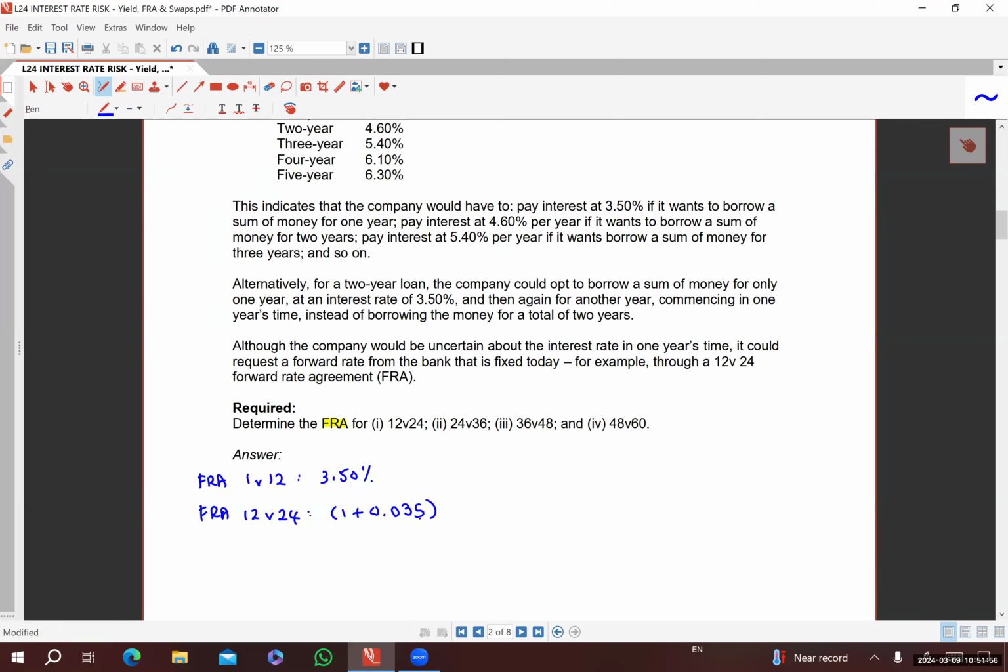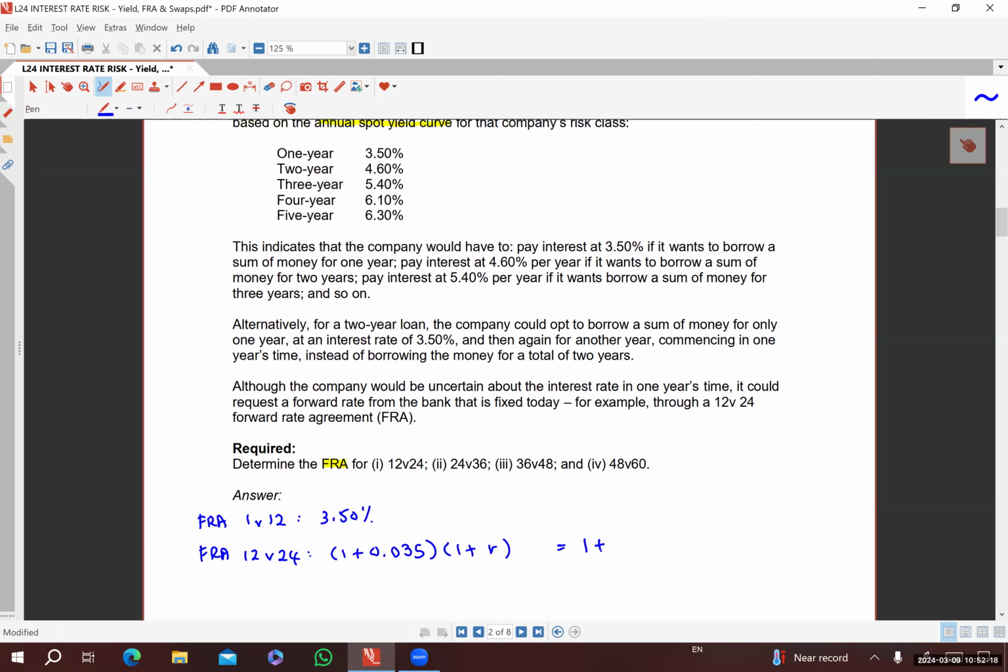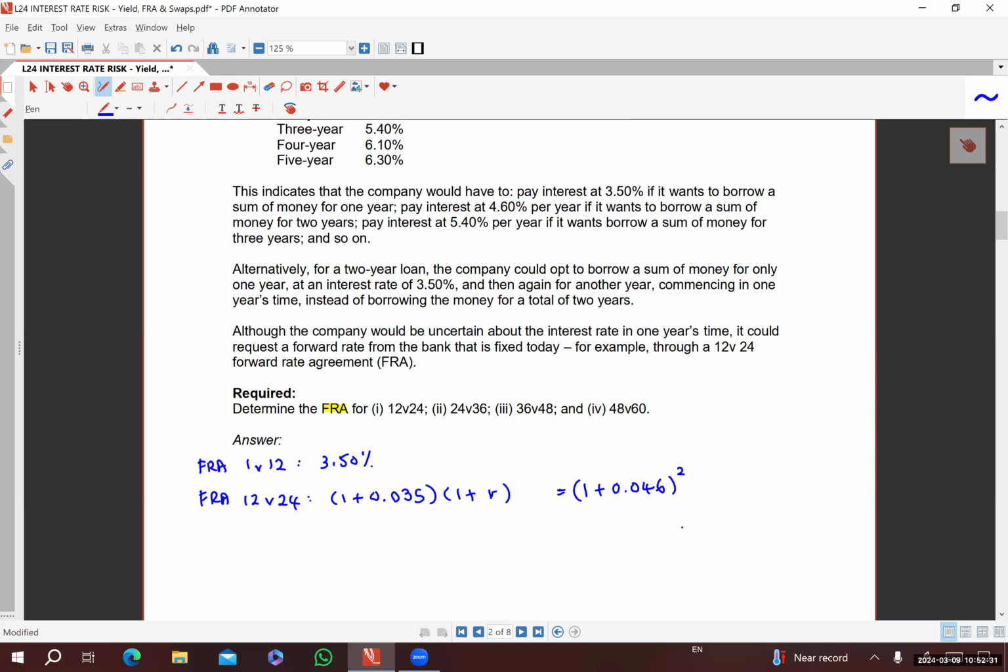Then I reinvest this money at the end of 1 year at the yield in the second year, that's month 12 to 24, and let's call that R. At the end of that, I will get the same value as if I invest in the 2-year bond immediately now at the interest rate of 4.6%, 0.046 per annum. Since it's 2 years, it's to the power of 2. The return should be the same.